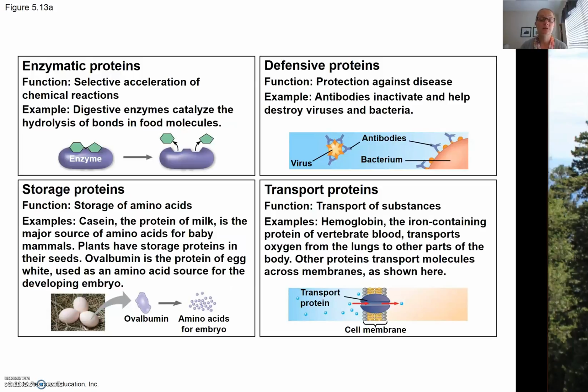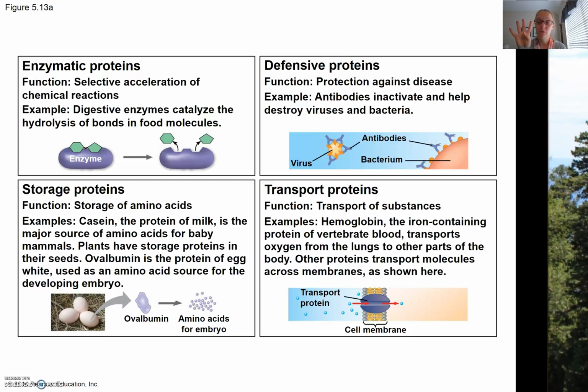Some proteins' only function is to store amino acids so that, for example, the embryo can build whatever proteins it needs to build. Now, one of the more common storage proteins, especially when we're taking eggs into consideration, is ovalbumin. It essentially sits there inside the egg until enzymes degrade it into individual amino acids, and then those amino acids are used by the embryo to build whatever proteins it needs to develop into a chick.